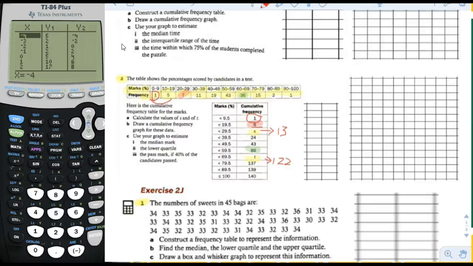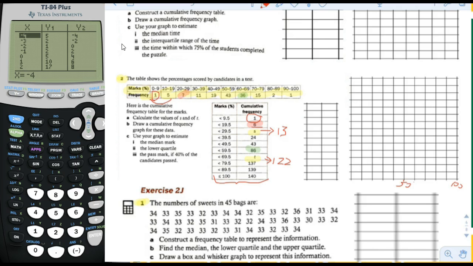Well, we already have the data right here, so we just need to plot the points. Now let's see, if we mark this, we could say this is 100, 90, 80, 70, 60, 50.